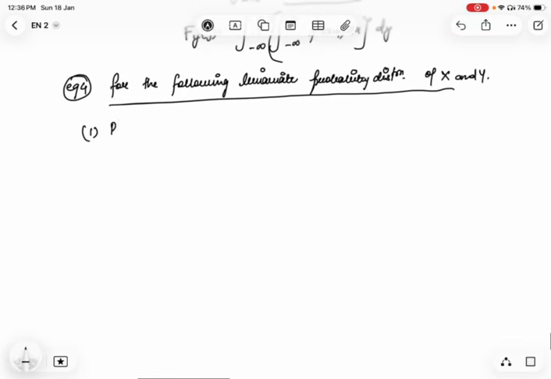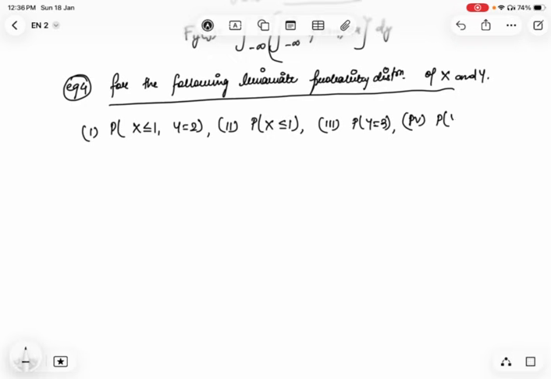Sometimes a joint distribution is also written as bivariate, so don't confuse; bivariate means two variates. Calculate first, the probability of X less than 1, Y equal to 2. Second, the probability of X less than 1. Third, the probability of Y equal to 3. Fourth, the probability of Y less than 3. And fifth, the probability of X less than 3, Y less than 4.